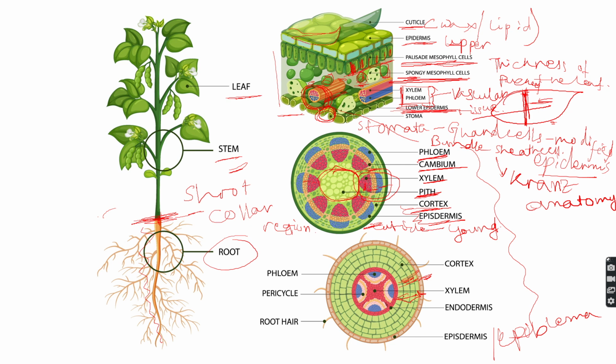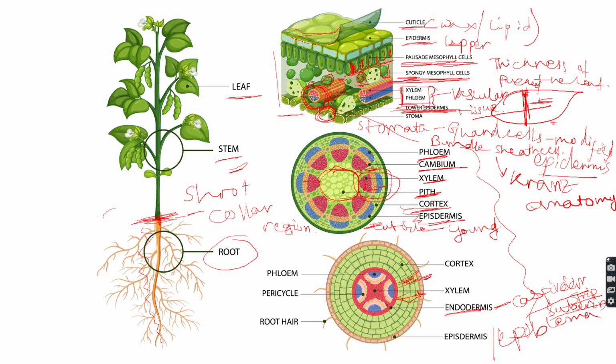And beneath that there is also endodermis. In that video also I have told about endodermis. Endodermis has specialized cells carrying the Casparian strip. Casparian strip is made up of suberin. So this type of strip is basically responsible for the inward movement of water towards the xylem.